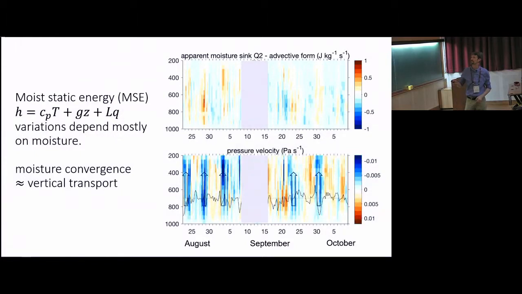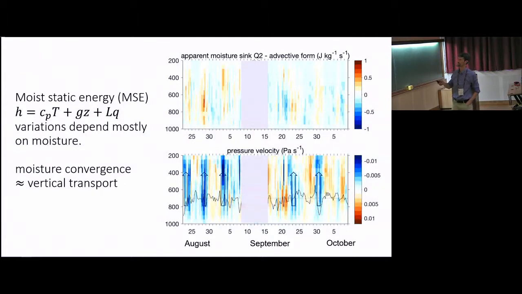The moisture sink, which is the larger term in the moist static energy budget, is largely driven by convergence in the atmosphere, which drives deep synoptic rising vertical velocity.